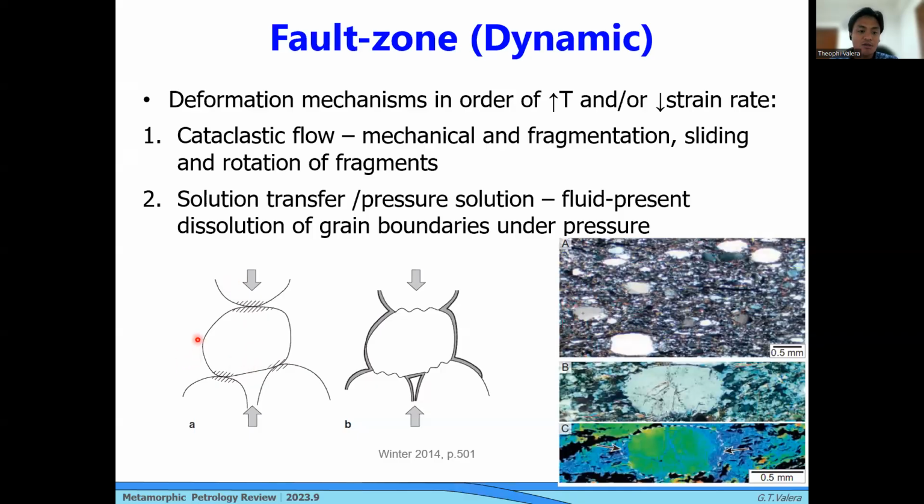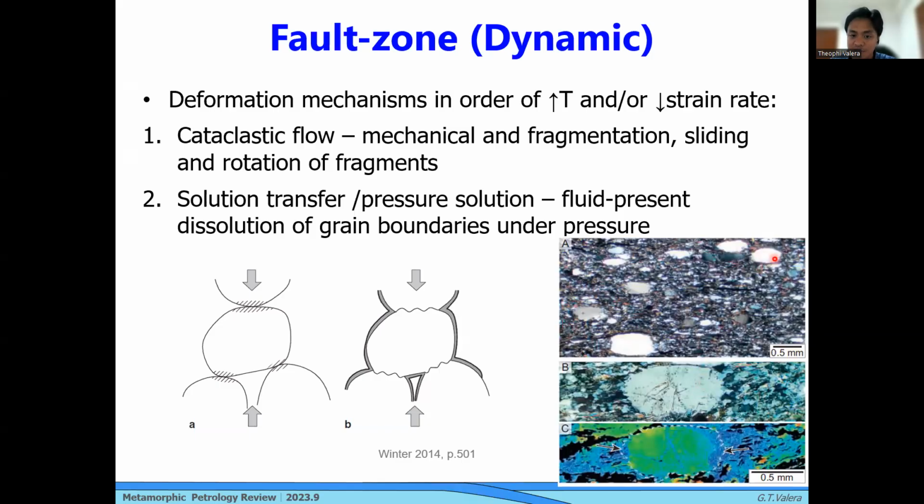So partial compression and along the grain boundaries kung nasan yung stress, the material may start dissolving and itong dissolved material may be transported by the intergranular fluids and transferred to the sides where stress is less, so that in the end what you have are these pressure shadows.